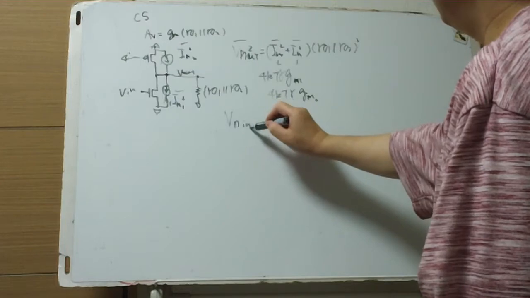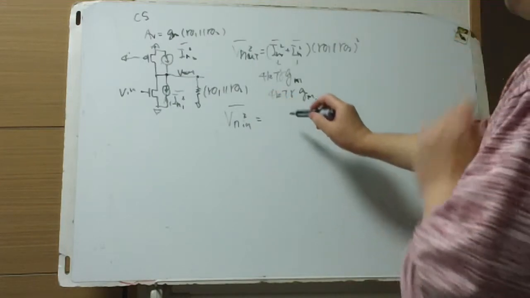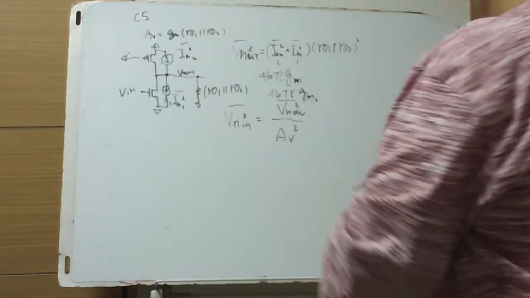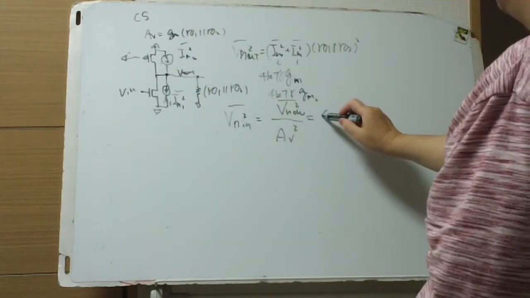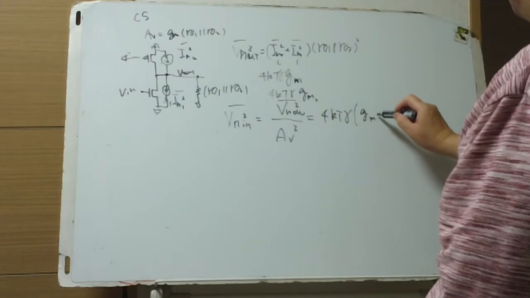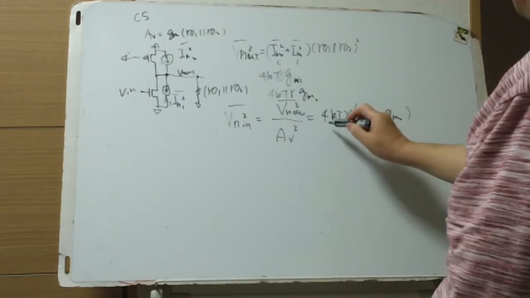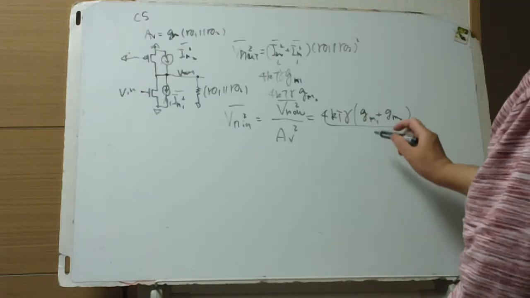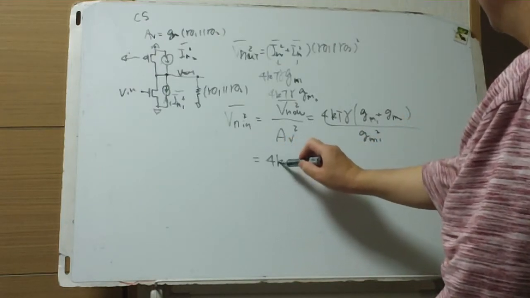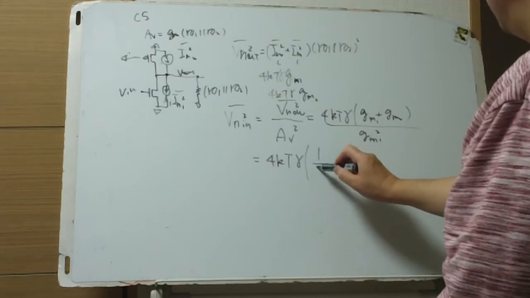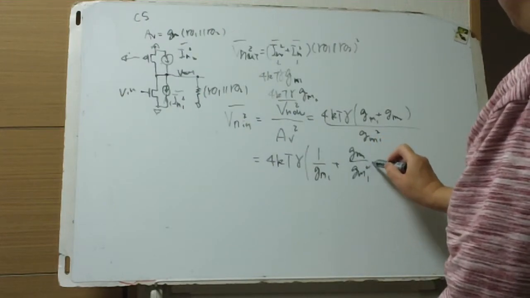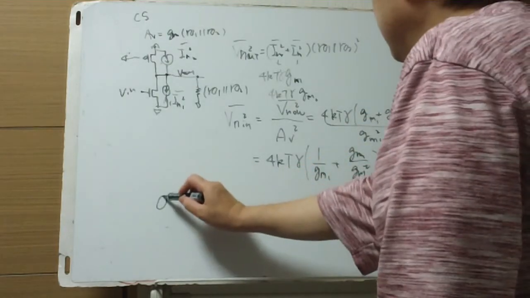So Vn in squared bar equals this divided by the voltage gain squared, which cancels this, and we get 4kT gamma times 1 over gm1, times (gm1 plus gm2 divided by gm1), which is for the OTA.